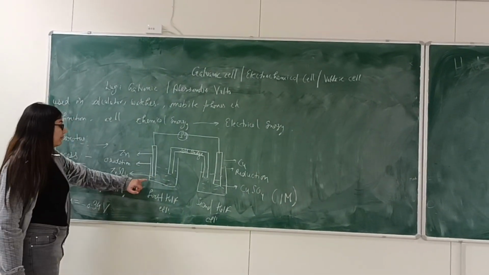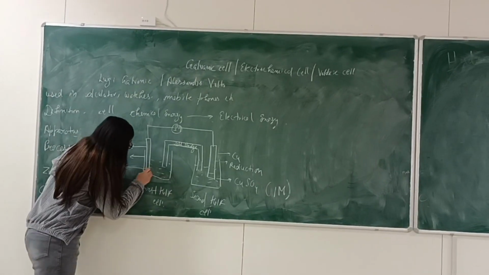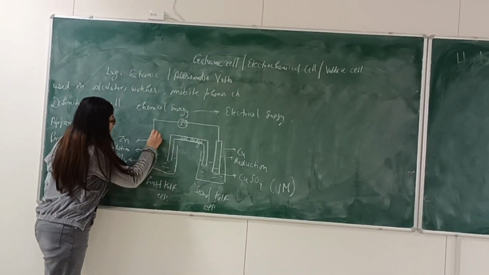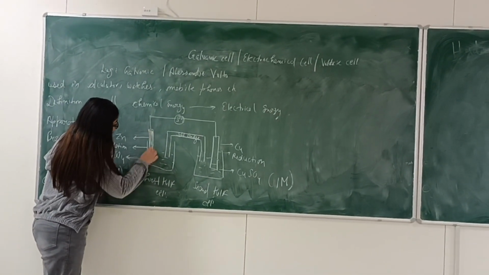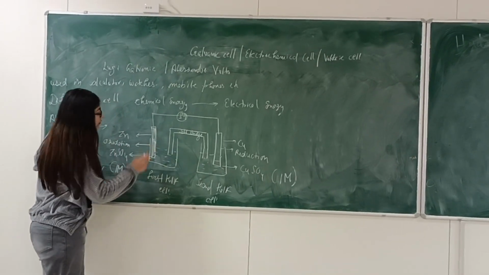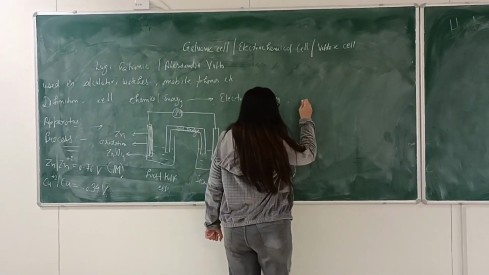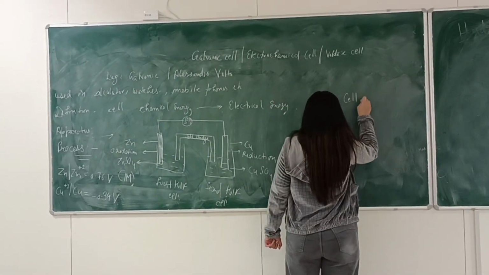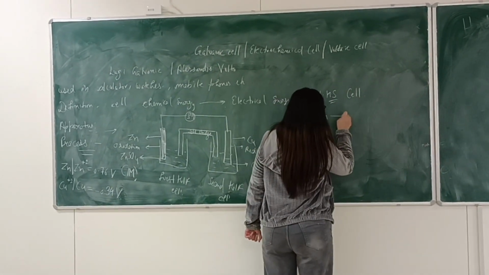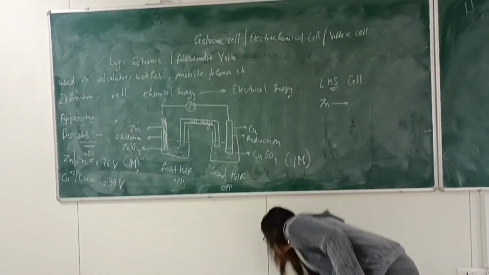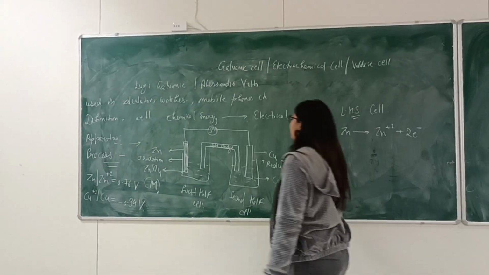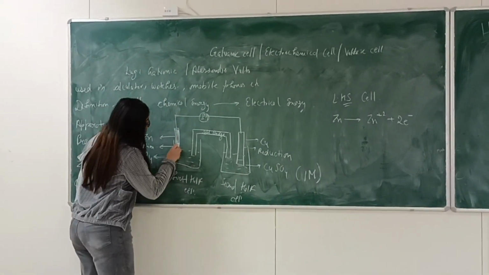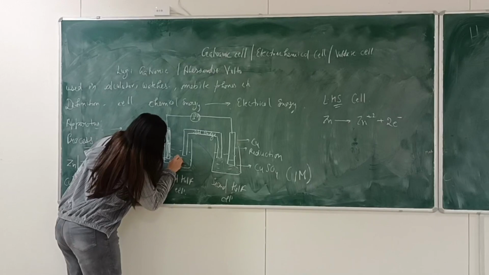In this cell, the zinc electrode, which is made up of zinc, will convert in the left hand side into zinc 2 positive and 2 electrons.